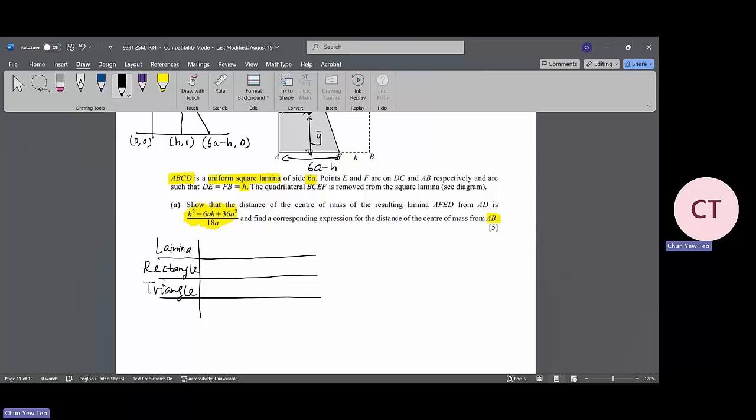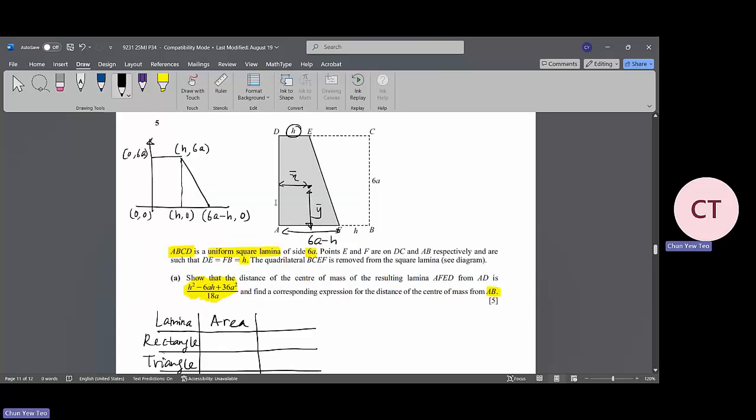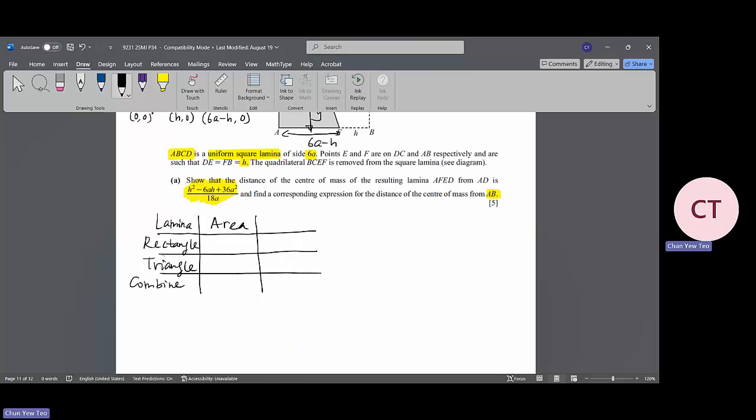So we have the combined object. Since it's the same material, using area will do. No need to use mass. Area for the rectangle is base times height. So the base is h, the height is 6a. So it will be 6ah.